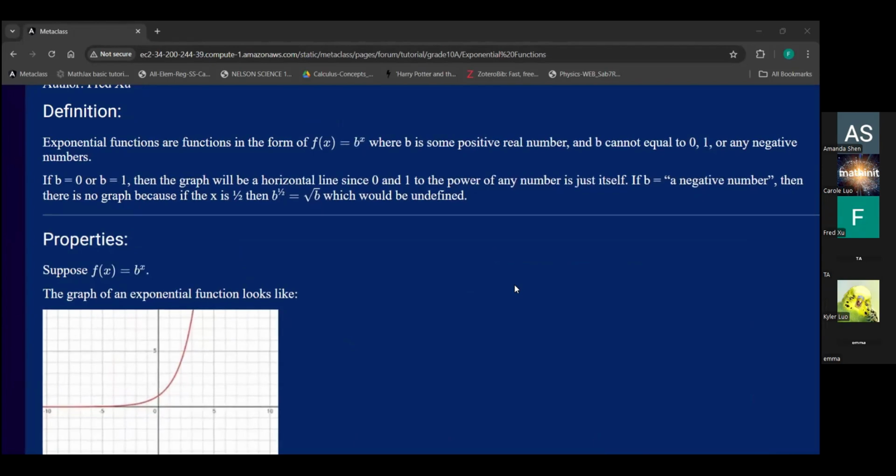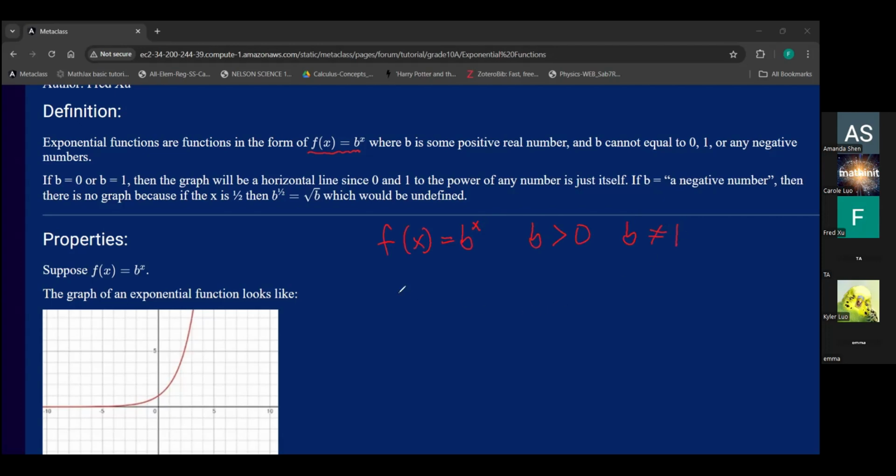Well, they are functions in the form of f of x is equal to b to the power of x. Let me rewrite it here, where b must be greater than 0 and b cannot equal 1.